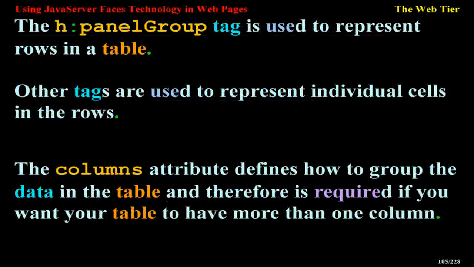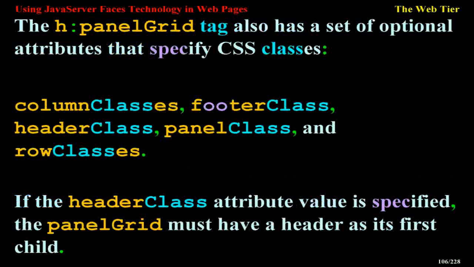The columns attribute defines how to group the data in the table and therefore is required if you want your table to have more than one column. The h:panelGrid tag also has a set of optional attributes that specify CSS classes: columnClasses, footerClass, headerClass, panelClass, and rowClasses.